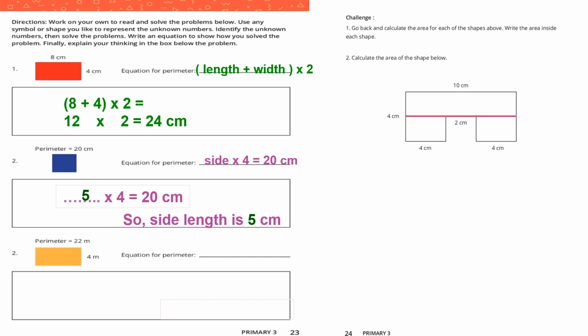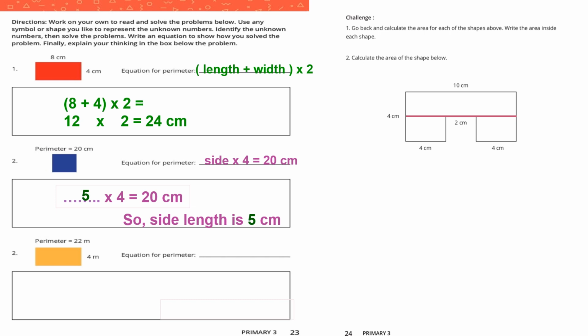The next one, we have here a rectangle. Its perimeter is 22 meters and its width is 4 meters. We know the perimeter of a rectangle equals length plus width plus length plus width.